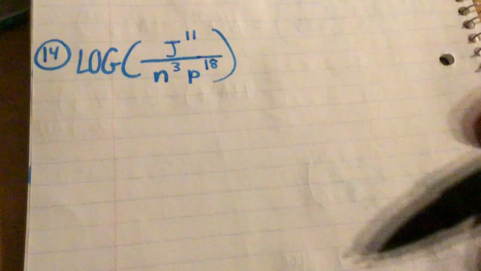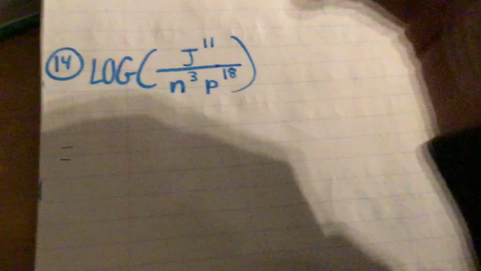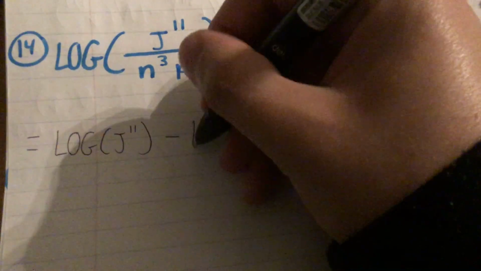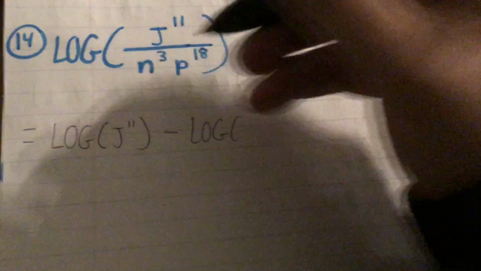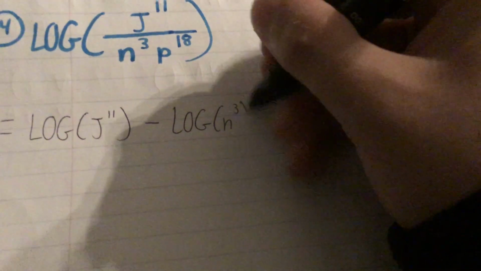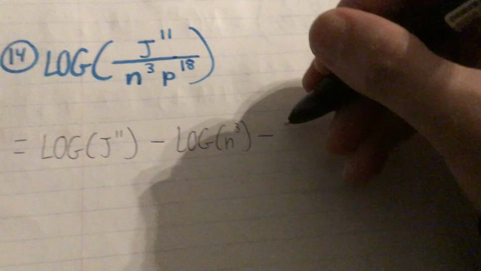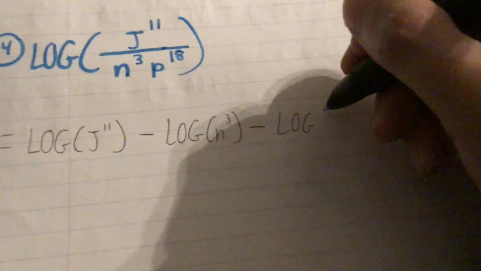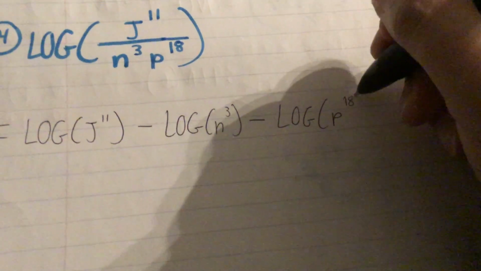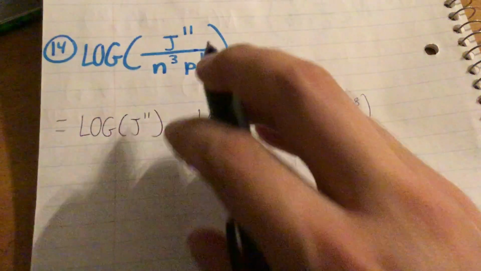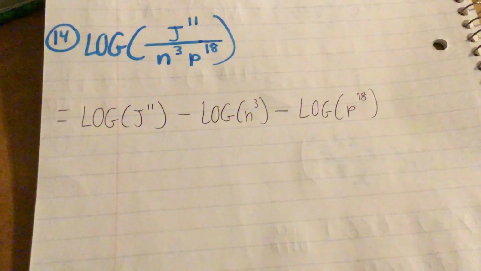So that's just the quotient difference rule, basically. So log of j to the 11th minus log of n to the 3rd, because it's on the bottom, minus log of p to the 18th. Tops are positive, bottoms are negative.